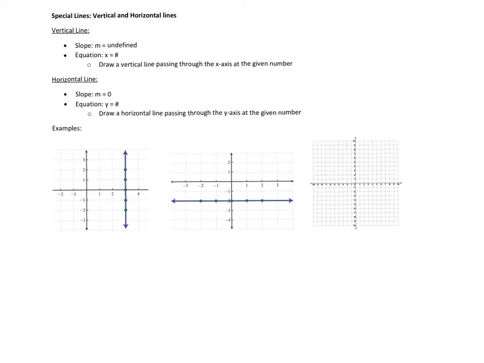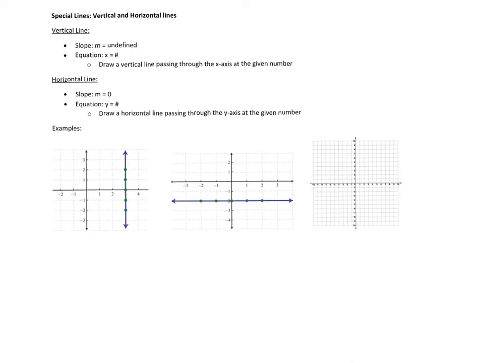Now, when we talk about linear equations, there are some special types of lines, okay? And I say that they are special because their slope is something that's a little bit different. These special lines are going to be vertical lines and horizontal lines, okay?